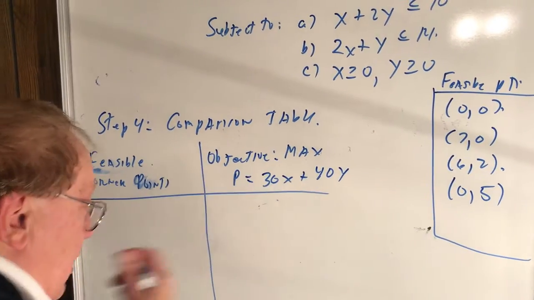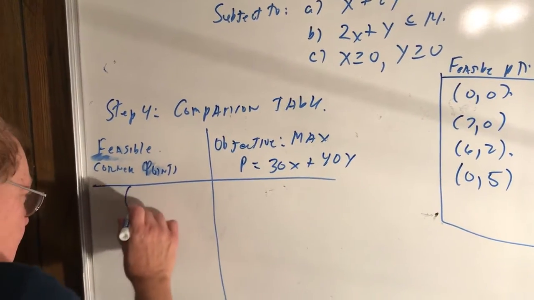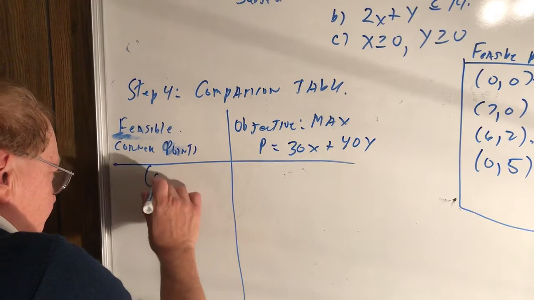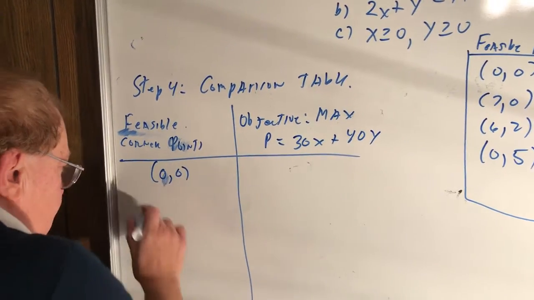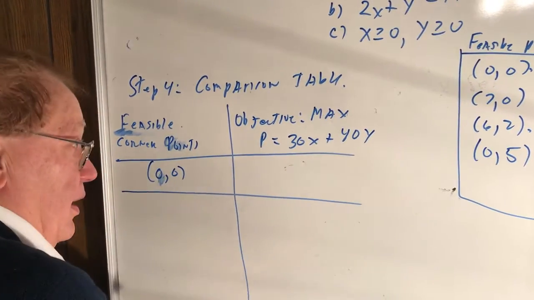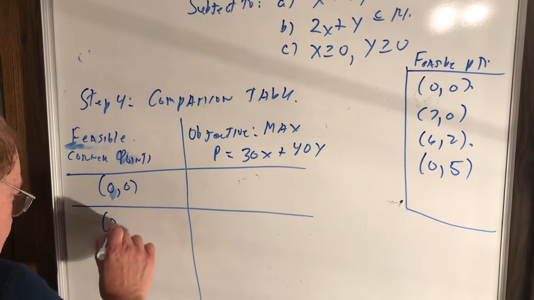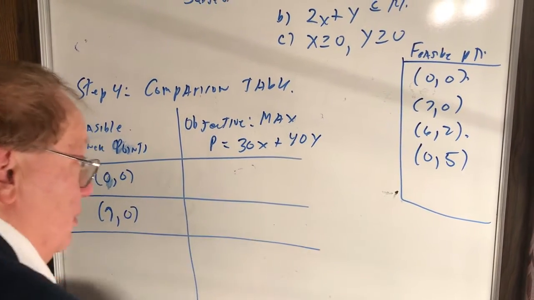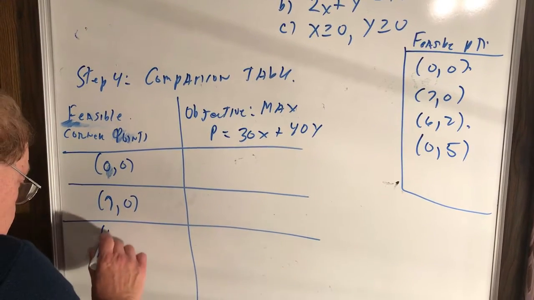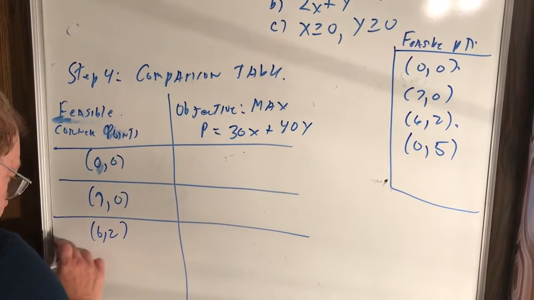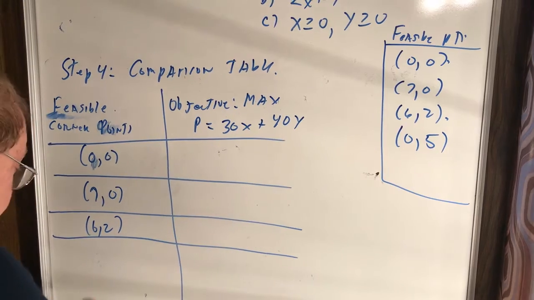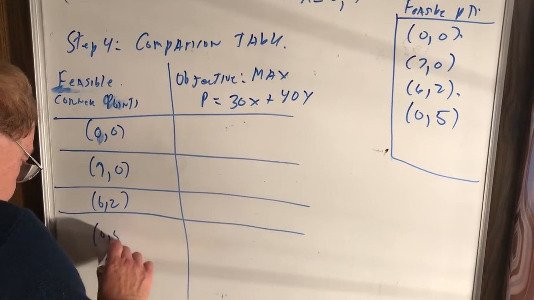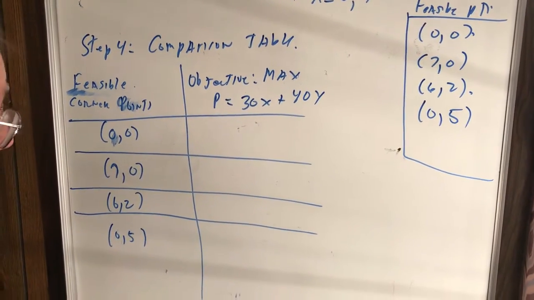All right, so let's look at our points. Of course, 0, 0, and 7 and 0. And 6 and 2. And 0 and 5. Now let's substitute here.